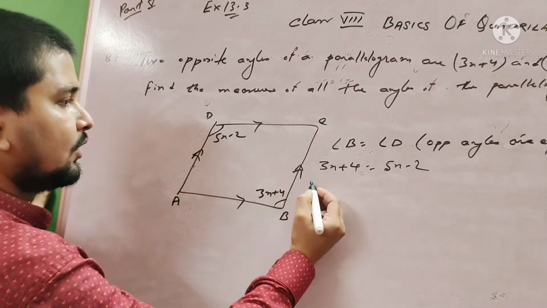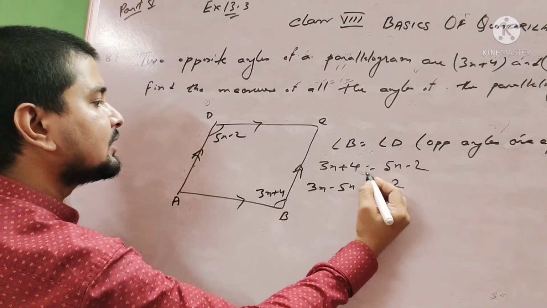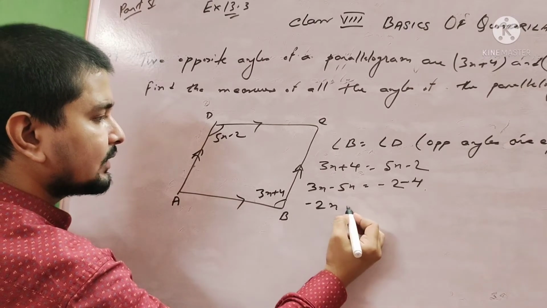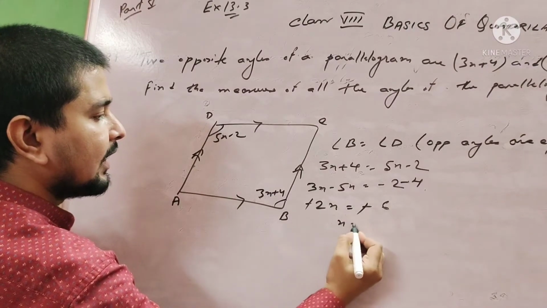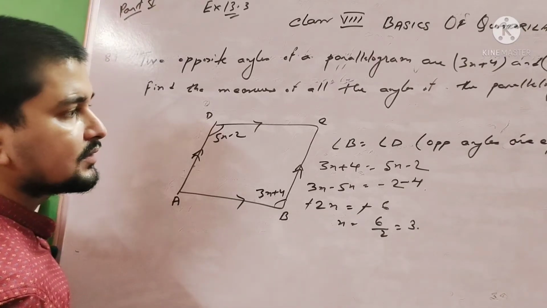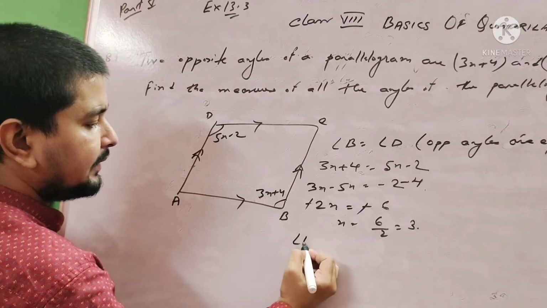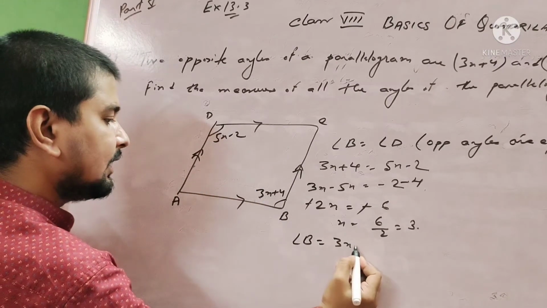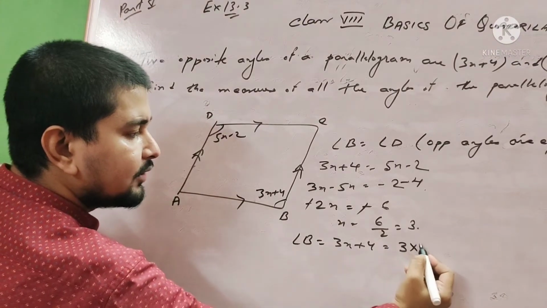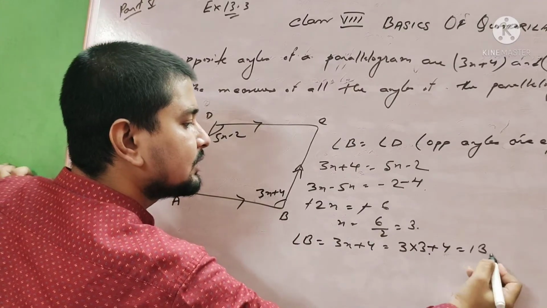So 3x minus 5x equals minus 2 minus 4, so it's minus 2x equals minus 6, x equals 6 upon 2, that is 3. So we get the value of x is 3. The value of angle B is 3x plus 4, that means in place of x we write 3: 3 times 3 is 9 plus 4 is 13.